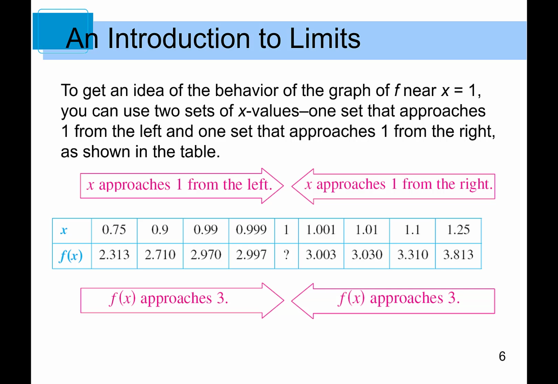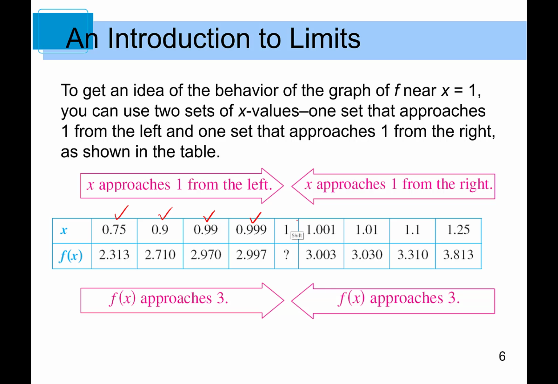One of them is from the left. The values on the left could be 0.999, 0.99, 0.9, 0.75. As you can see, the numbers are listed in increasing order, so 0.75 is the smallest among these numbers, then 0.9, 0.99, 0.999, and 1.